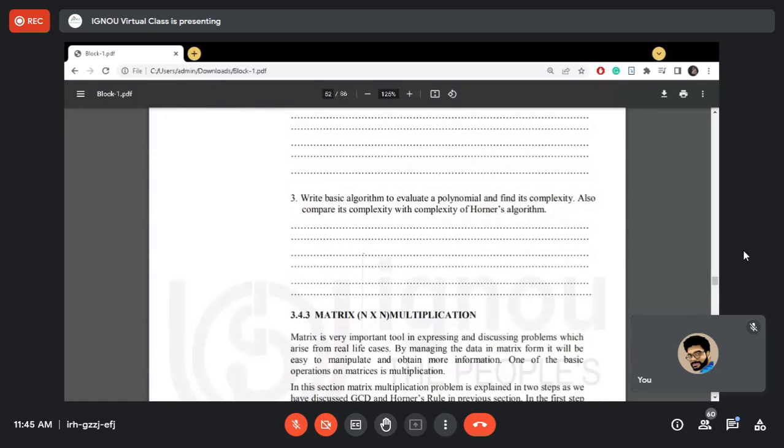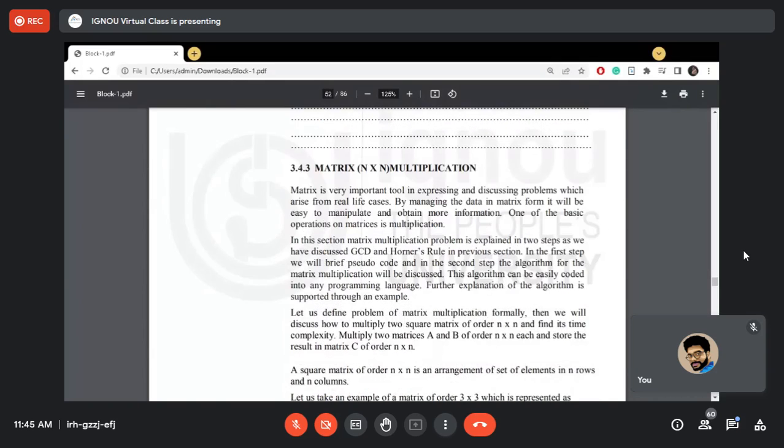So let's start with matrix multiplication. How can we multiply two matrices? Is there any rule to multiply matrices? Yes, ma'am. What is that rule?